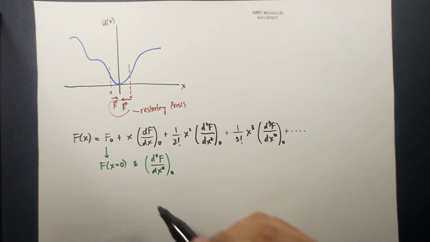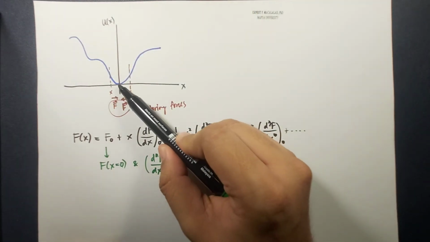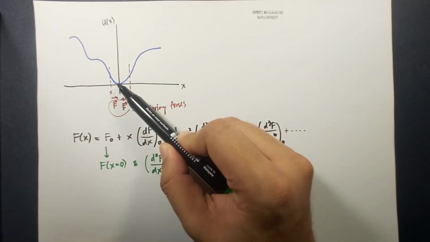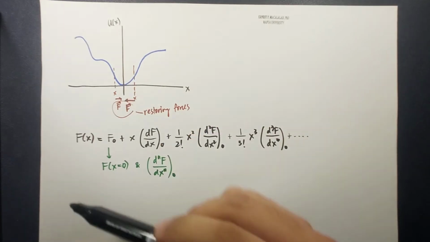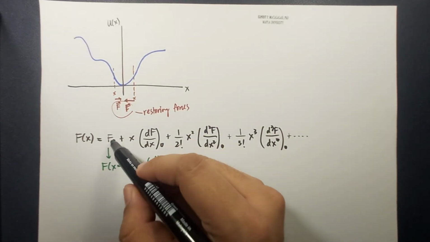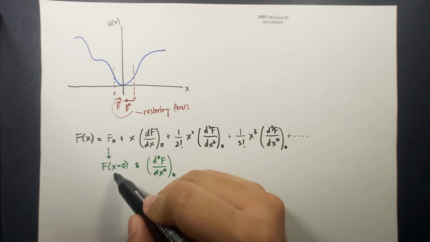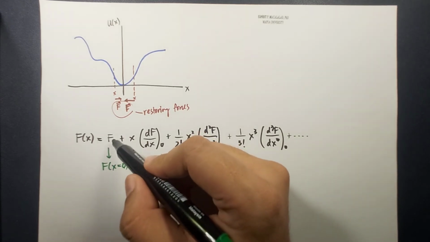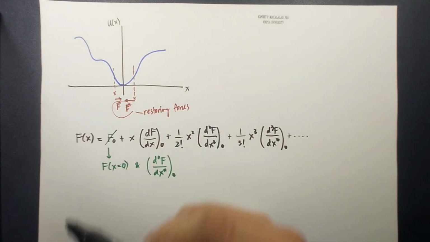Because we know that this particle is in equilibrium at the origin, the force exerted when the particle is at the origin vanishes to 0.